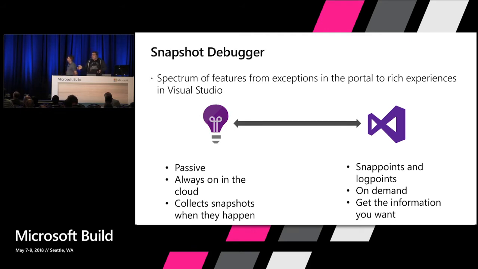And the other end of the spectrum is the version of it in Visual Studio, which is all about collecting data as a developer on demand. So you tell it when and where to collect information. It's not running in the background. You're literally sitting at Visual Studio telling it what to do and when, which is great for you as a developer because you can test out hypotheses. You can be like, hey, I want to see what the value of X is. Yep. You get a snap point for that and a snapshot, you can go ahead.